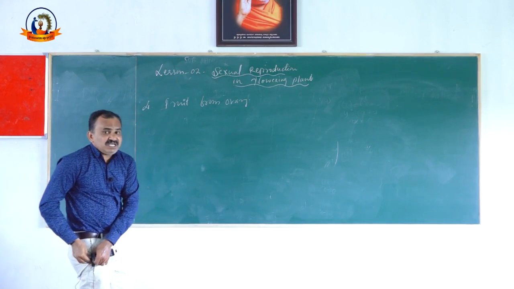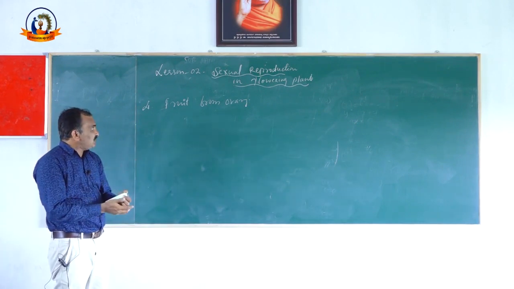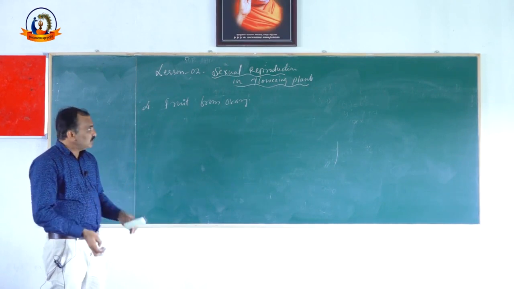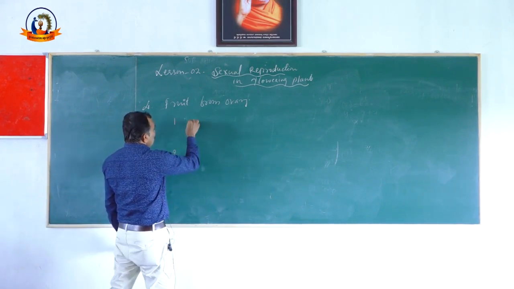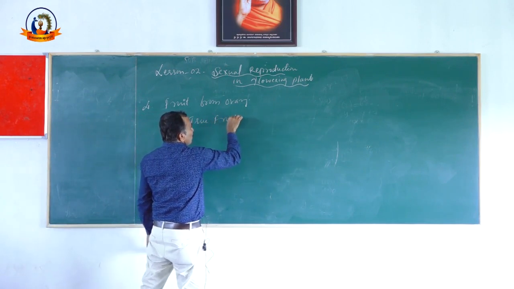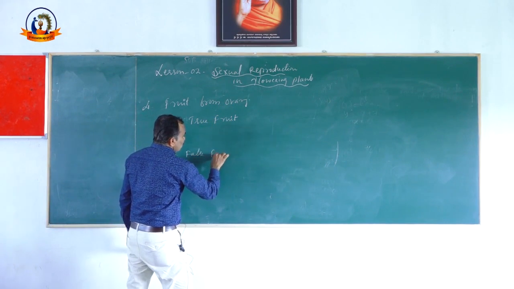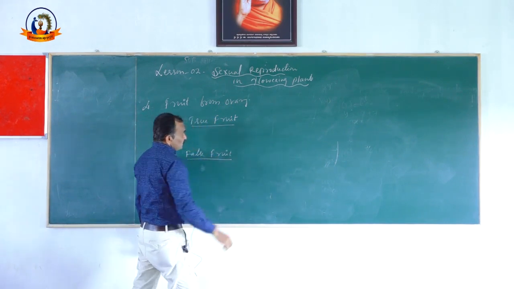See, ovary is the swollen basal part of gynoecium, which develops into fruit. There are two types of fruit. One is the true fruit. Second is the false fruit.